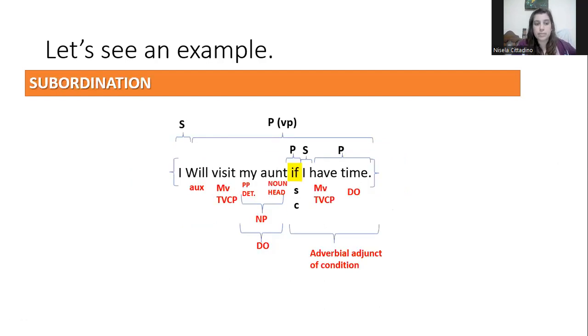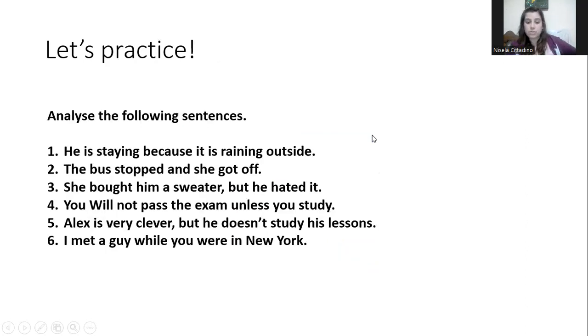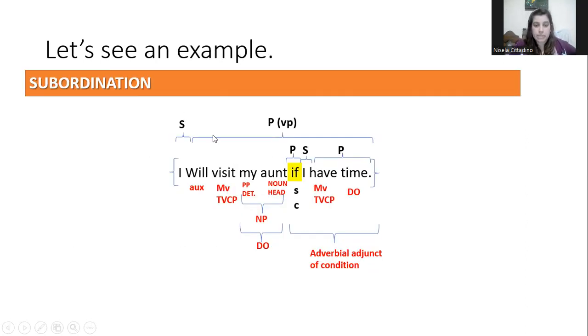Now we're going to see an example for subordination. In subordination, it's important that you pay attention because sometimes there is a predicate inside the predicate, because one clause depends on the other. The subject is I, and will visit my aunt if I have time is the predicate. Then we're going to analyze only the first part.